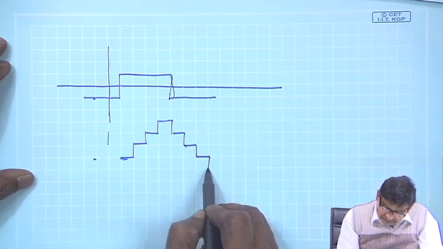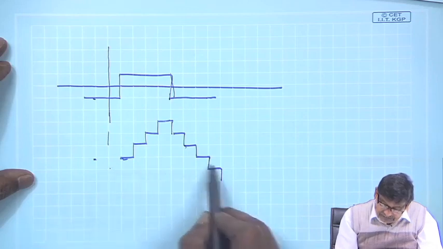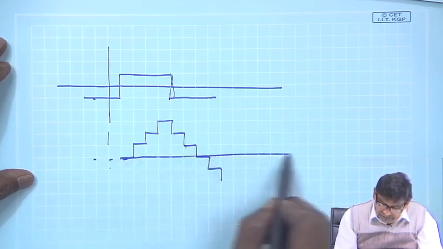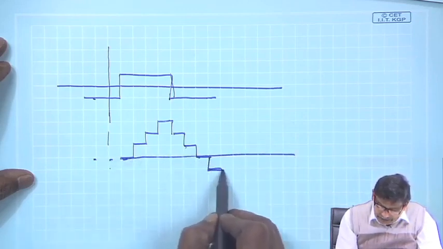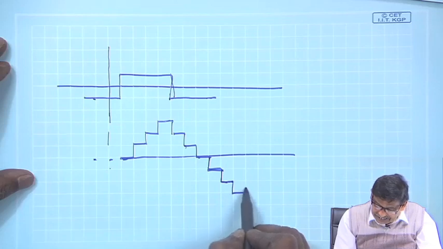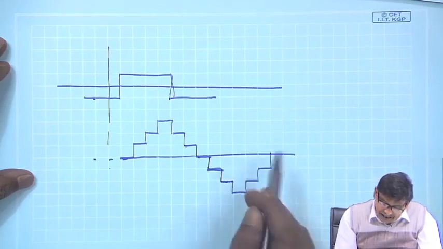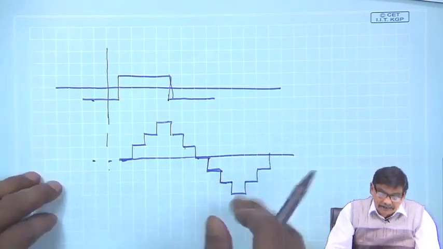Are you getting? This is suppose the 0 level. So, there will be some 0, but using 3 coils I can also make it like this. I leave it to you to visualize these things.